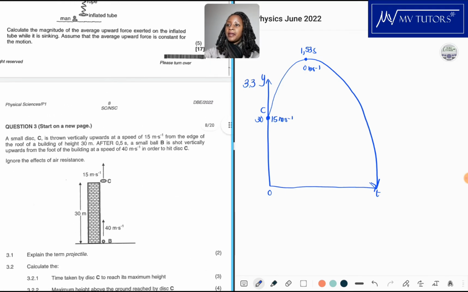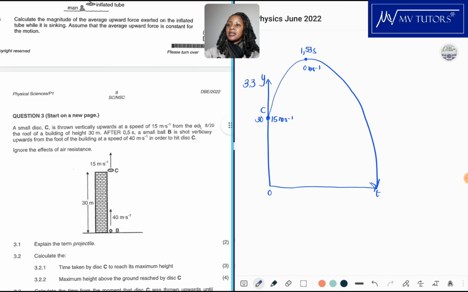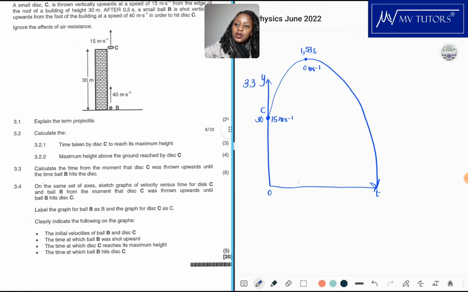But with ball B, it says that after 0.5 seconds, then ball B is shot vertically. Okay, so let's say that was 0.5 seconds. This is where ball B is, okay, and it is shot up, right, at initial velocity of 40 meters per second.